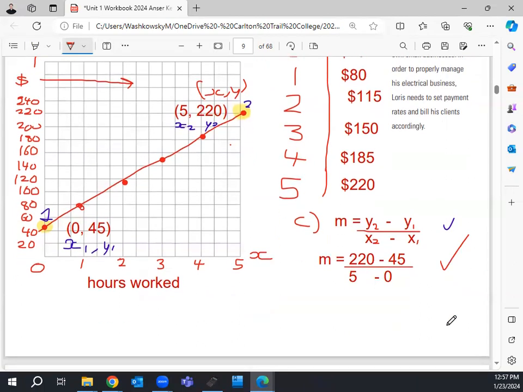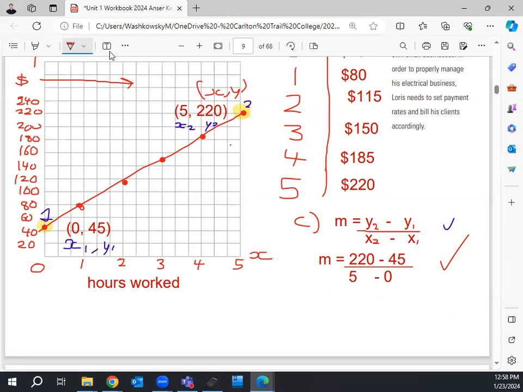I'm just going to scroll down a second. So now my third step is I am going to simplify it, which means I'm just going to do some of the math that's in there.